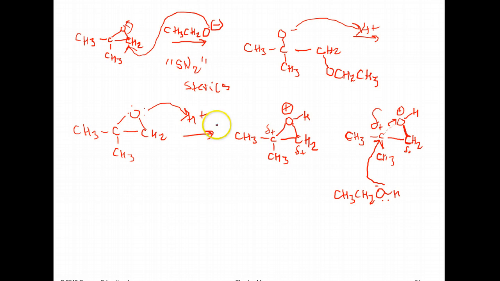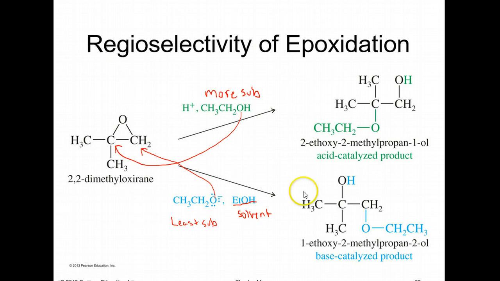The acid-catalyzed reaction is based on carbocation stability. So that's why you get this regioselectivity here. In the presence of the acid, it protonates, it starts breaking this bond, making this tertiary carbon much more partial positive, so it can come in and attack. In this case, it's the exact opposite.